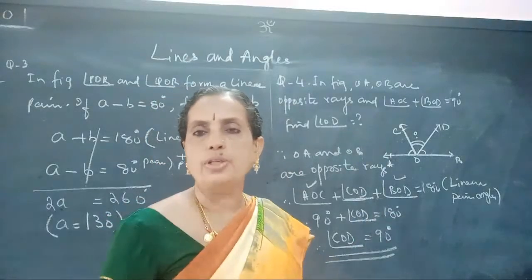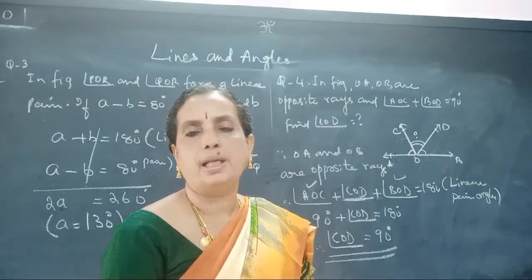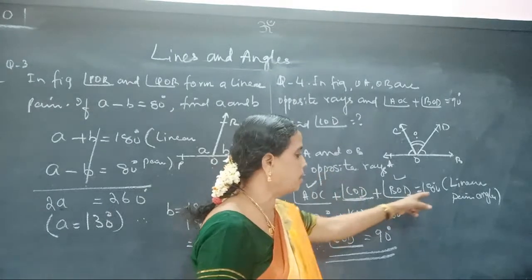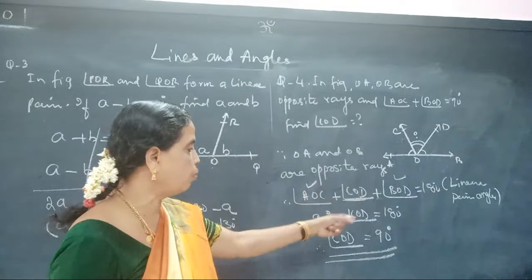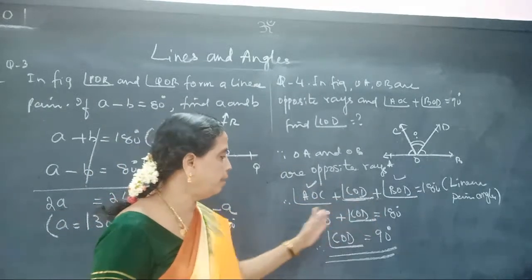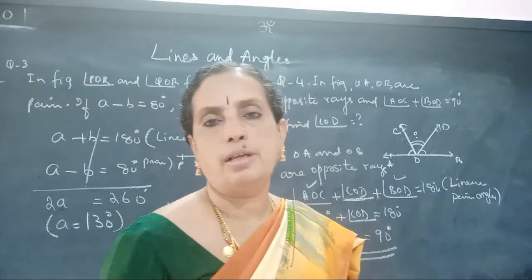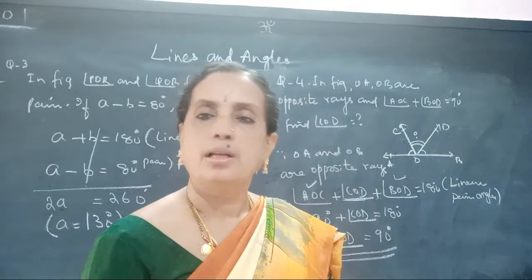Since they are opposite rays, the total angles together we call linear pair angles. The sum of the linear pair angles is 180 degrees. So substituting AOC plus BOD as 90, 180 minus 90, you will get the measure of angle COD, that is also 90 degrees. Is it clear?